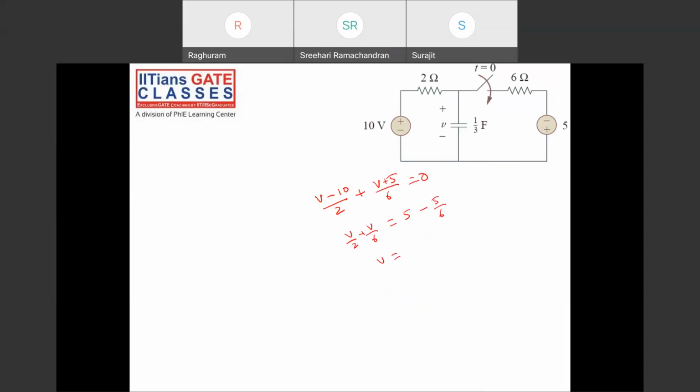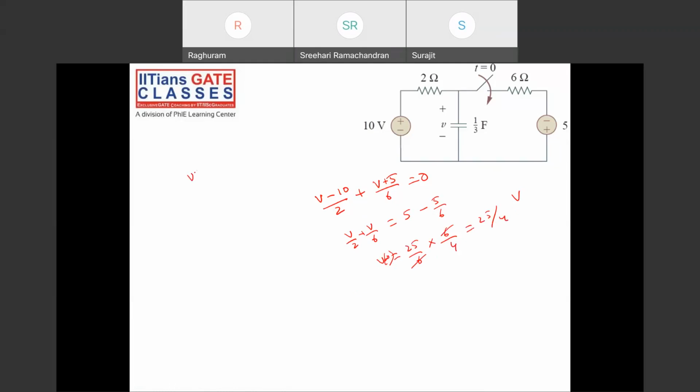Okay, V is equal to 25 by 6 into 6 by 4. Okay, 25 by 4 volts. So V of infinity is 25 by 4 volts.